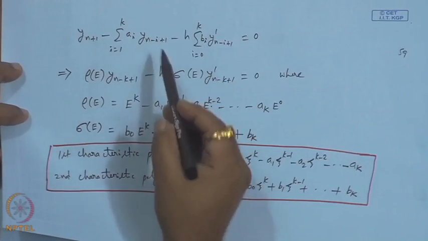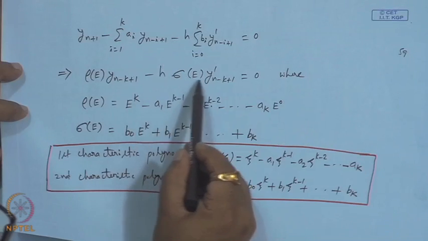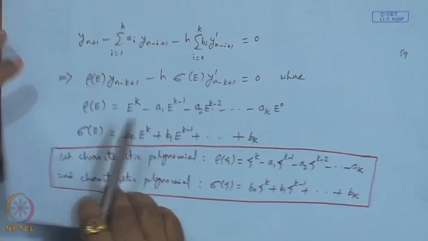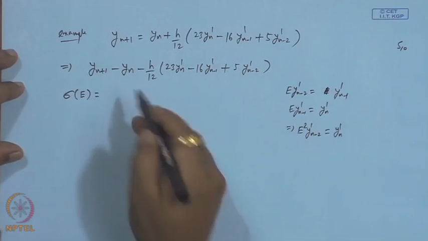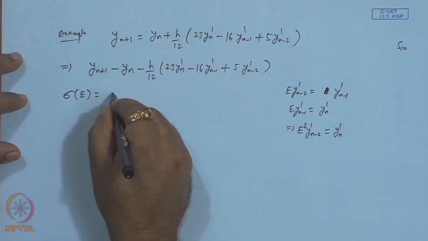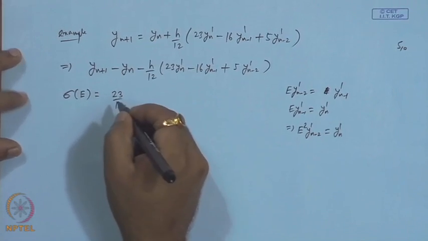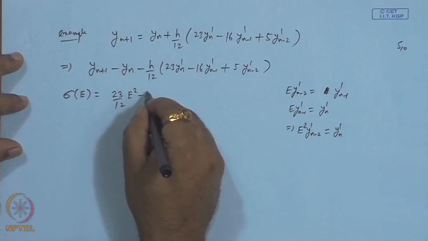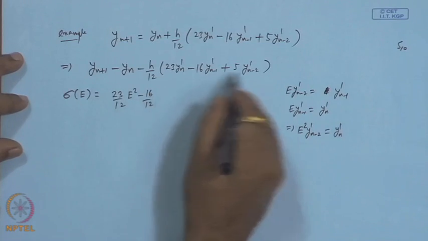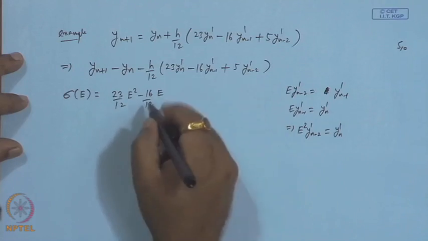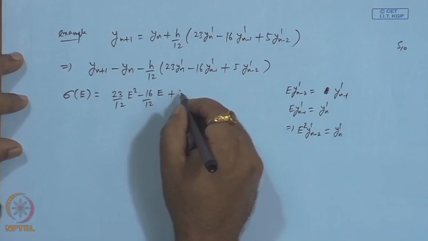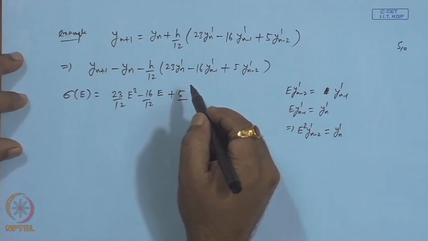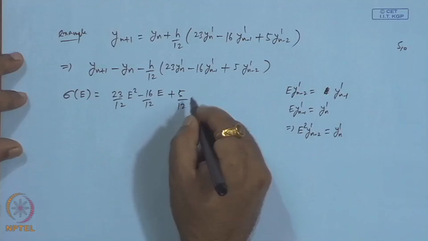So, if you compare with the general method, h is given, minus sign is given. So, I put the polynomial on this. So, all the coefficients must be given to this polynomial. Okay. So, how do we give it? 23 by 12, the distance is 2, minus 16 by 12, the distance is 1, plus 5 by 12.